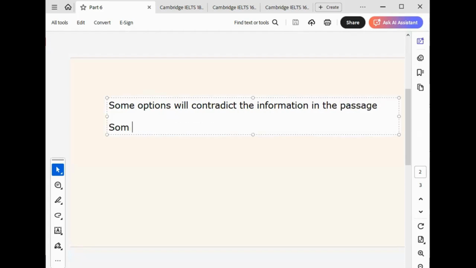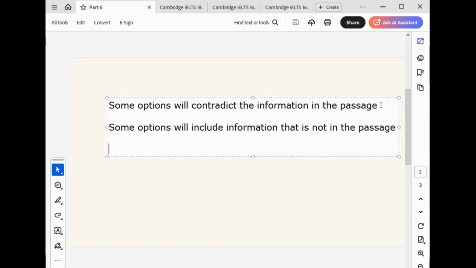Some options will include information that is not in the passage. That's another possibility. They are going to inject something that is not in the passage.